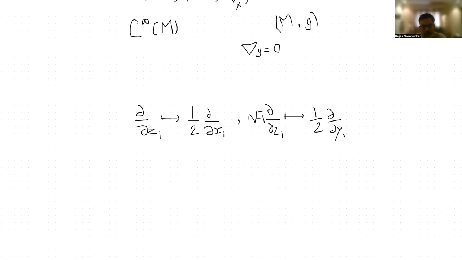By using these identifications, the holomorphic tangent bundle, which is spanned by the ∂/∂z's, can be identified with the real tangent bundle, which is spanned by the ∂/∂x's and ∂/∂y's. So in this way TM is identified with T^{1,0}M.